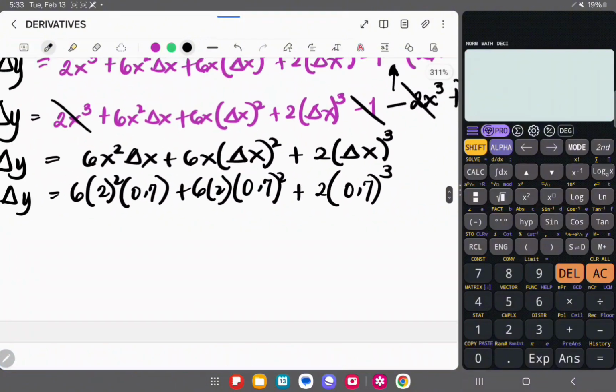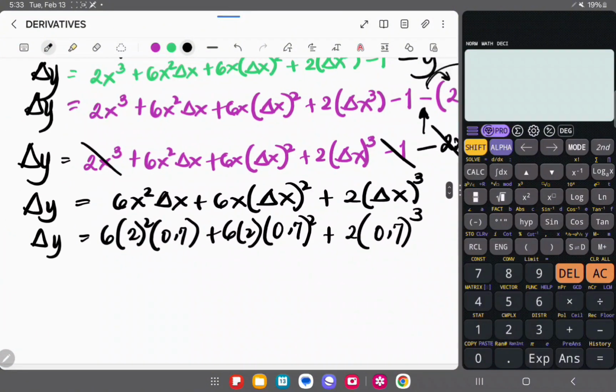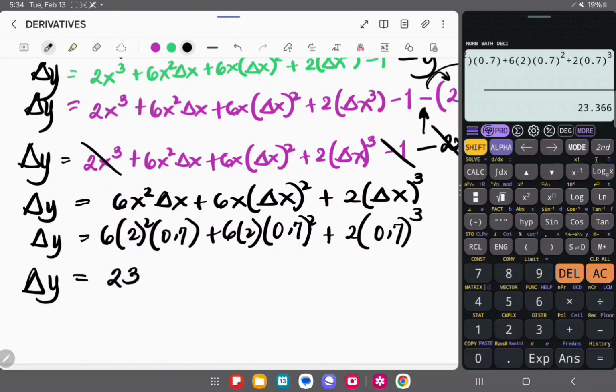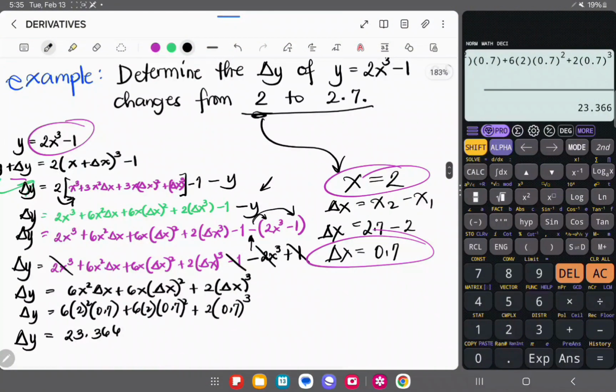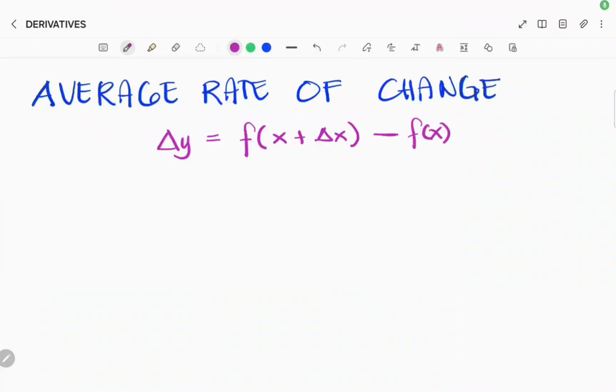Now let's evaluate this number. So change of y will become equal to 23.366. So the change of y as x changes from 2 to 2.7 is 23.366.